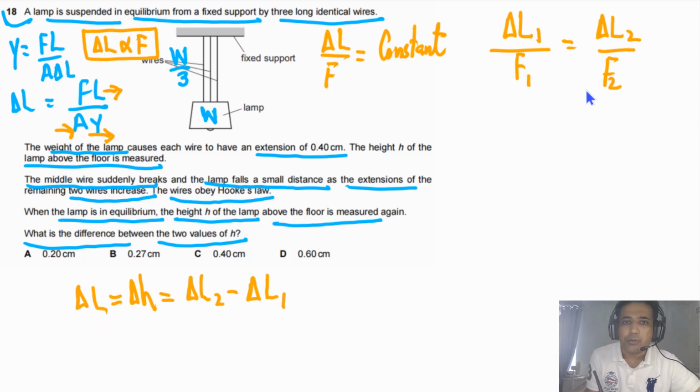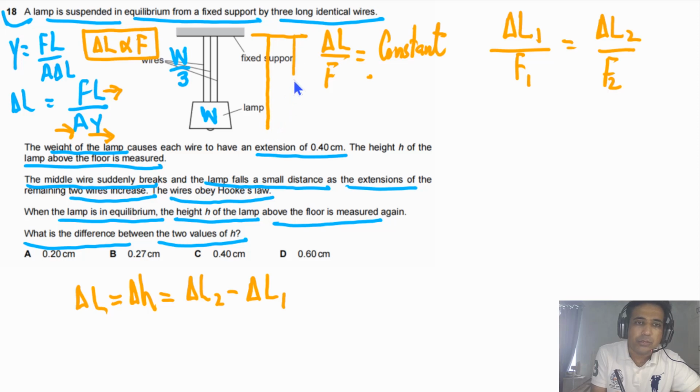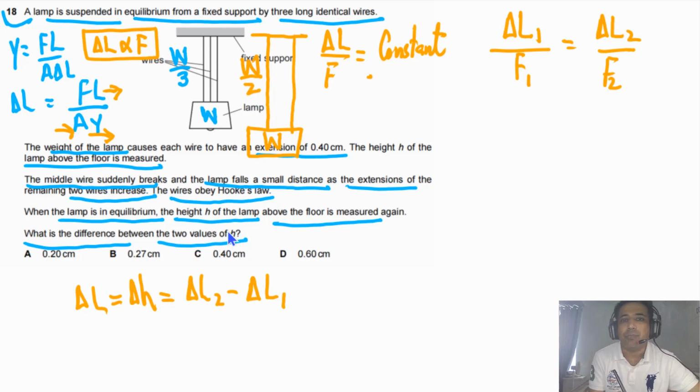Now we need to find the value of F2. In order to find it, we can redraw this so you can compare. Now we have two wires, and they are extended more, so we can draw this one a bit longer. Here we have the same weight hanging, so this is W. Now we have only two wires, so the tension in each wire will be equal to W by 2.